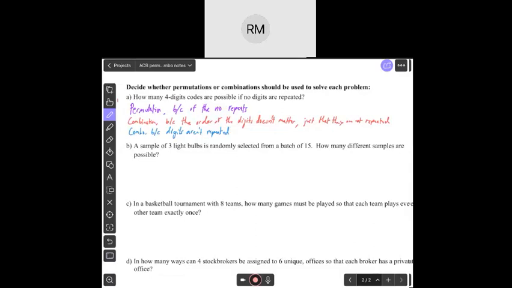I think it would be permutation because if it really didn't matter where any of the numbers went, then you would be able to repeat. Because if you have a 2 in the second spot, it changes what your first, third, and fourth spot would be. So that's my thought.